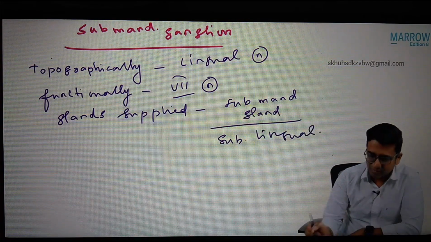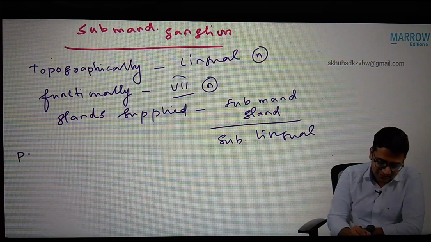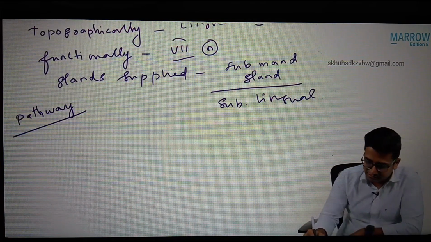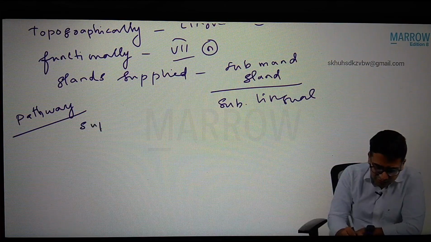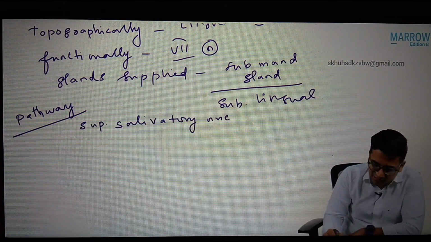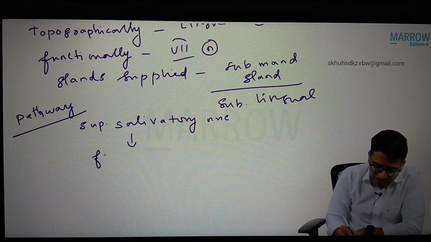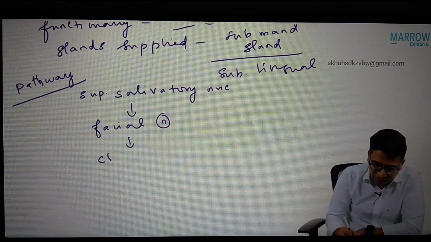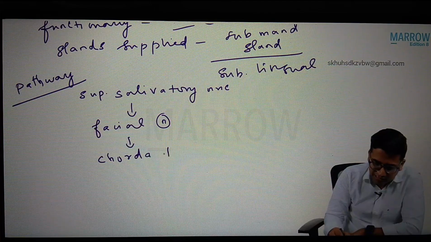Very good. Now what is the pathway? The parasympathetic pathway for the submandibular gland. Very simple. Superior salivatory nucleus. From here, the facial nerve carries the fibers. Now from the facial nerve, fibers are given to chorda tympani nerve.